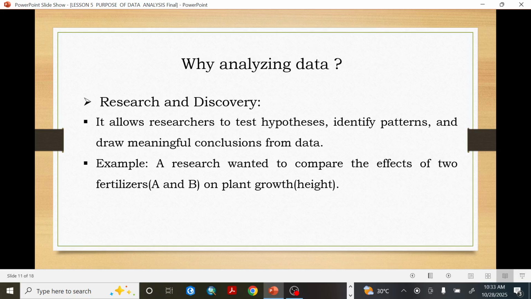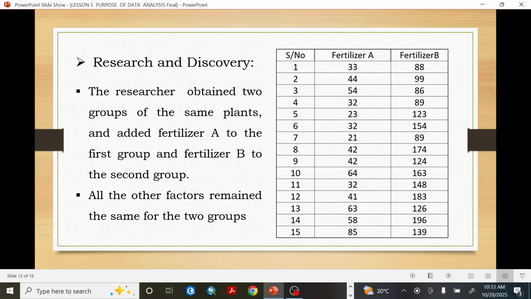Analyzing data also helps researchers to test hypotheses. They can identify patterns and draw meaningful conclusions. For example, a researcher wanted to compare the effects of two fertilizers, A and B, on plant growth. In this case, the researcher will have to look at one parameter, like, for example, the height of the plant.